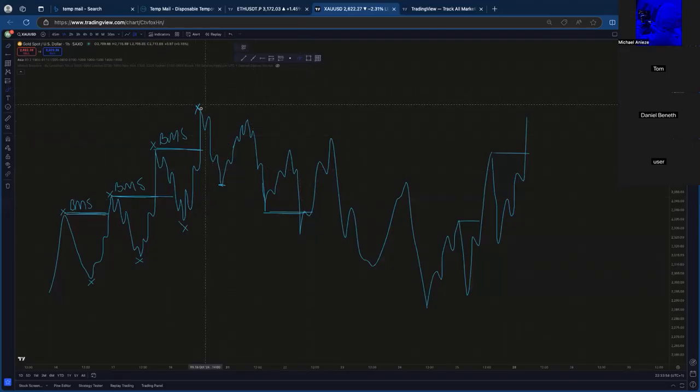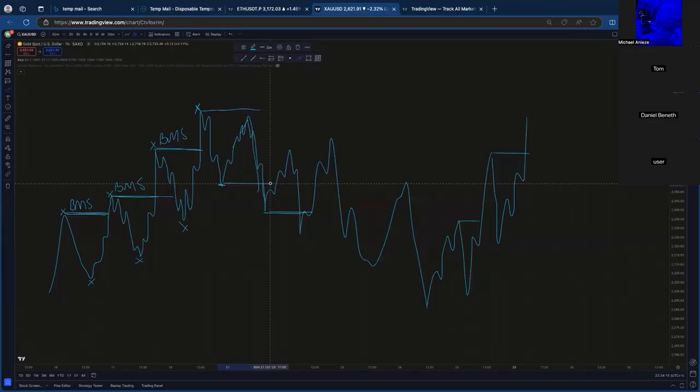Because once you see this, you understand that, okay, this is failure swing. You'll be like, okay, price failed to take this swing. Do you understand? Price failed to take this swing. That's what will come to your mind, that okay, this is failure swing. Price obviously failed here.